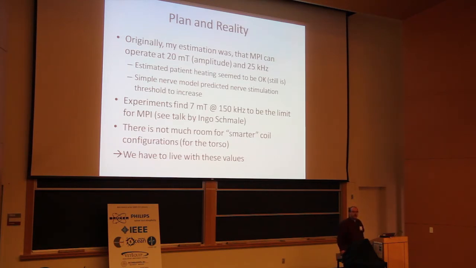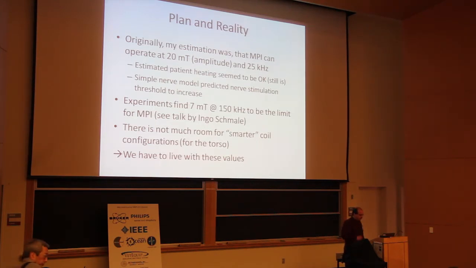As the speed is very critical for us, we did a study on volunteers to find where the actual nerve stimulation limits are, and it turned out that for the abdomen they are at 7 millitesla and 150 kilohertz. Details will be given by Ingo Schmale later.